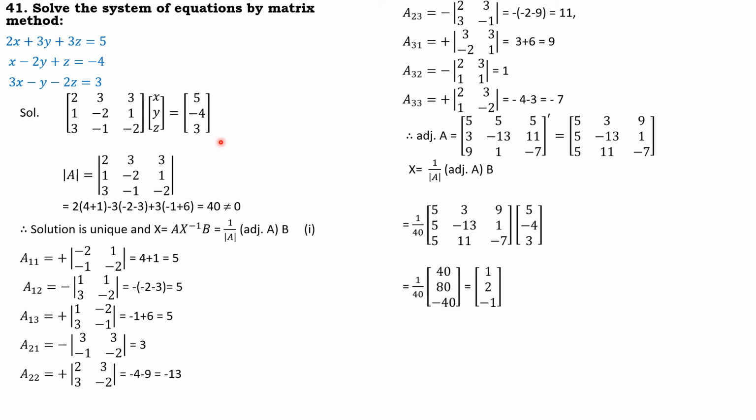Therefore, simplifying, we get x, y, z as 1, 2, minus 1. So x is 1, y is 2, and z is minus 1. That is the answer.